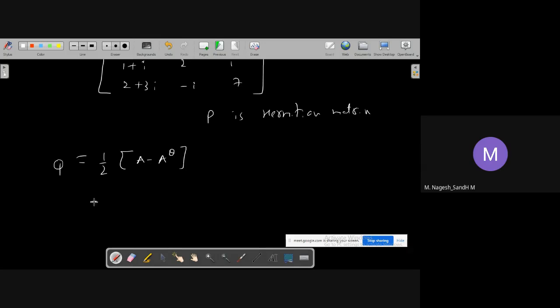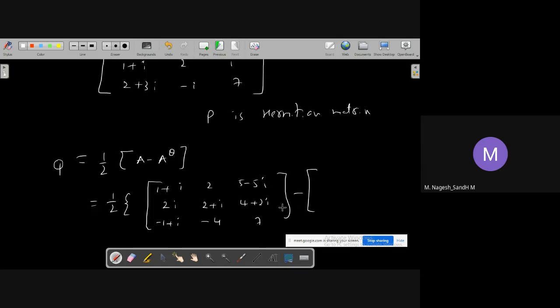So now, again 1 by 2 into, we write the A matrix. Wait a minute, A matrix: 1 plus i, 2, 5 minus 5i, 2i, 2 plus i, 4 plus 2i, next minus 1 plus i, minus 4, 7, minus A power theta. What is the A power theta?